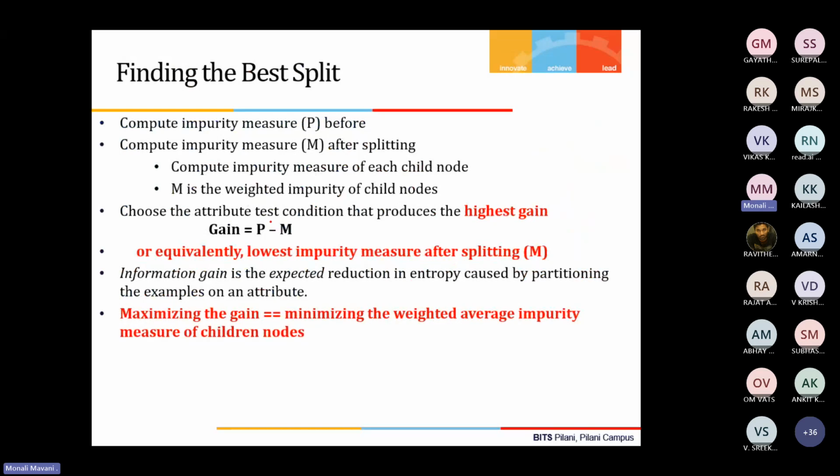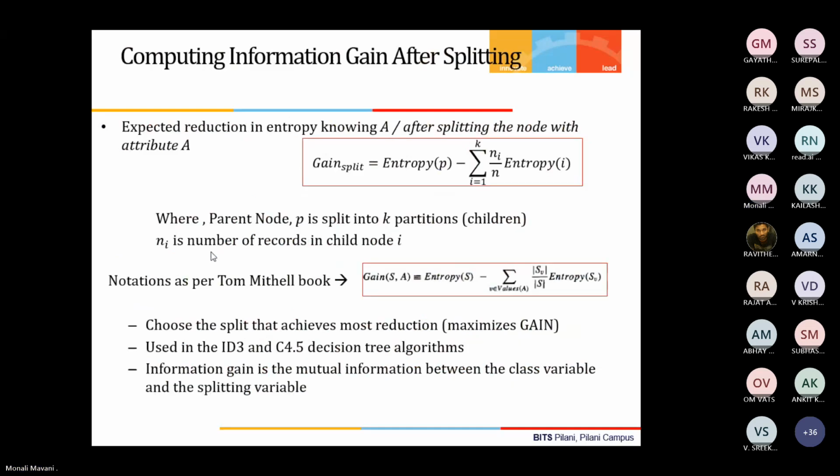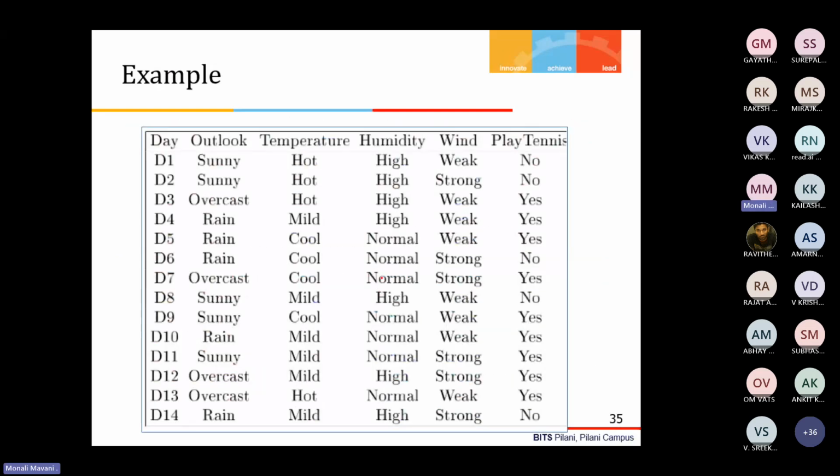Based on this, we'll come up with another measure called information gain, which is the parent impurity minus the child impurity. Okay, a lot of theory mentioned. Let me first take an example, then I guess this theory will make sense. I'll come back to this theory once I take an example.